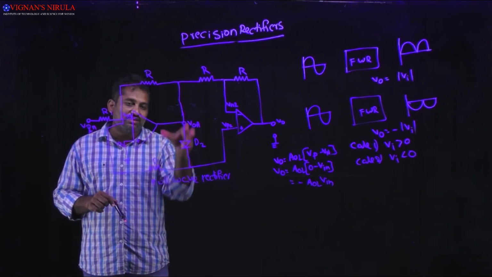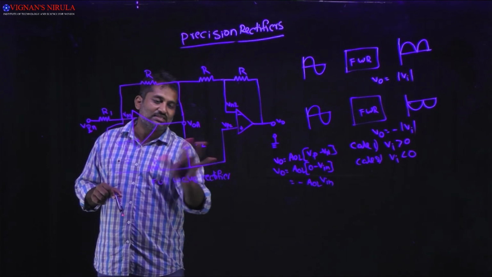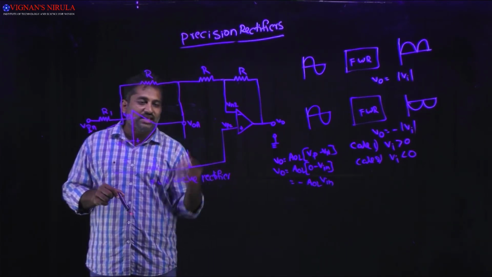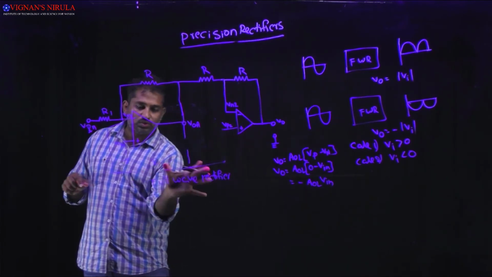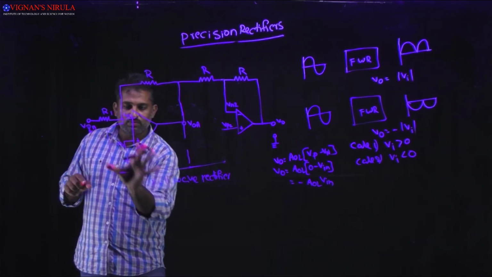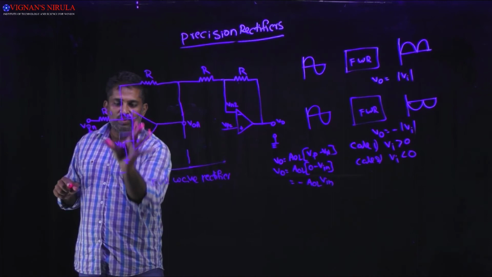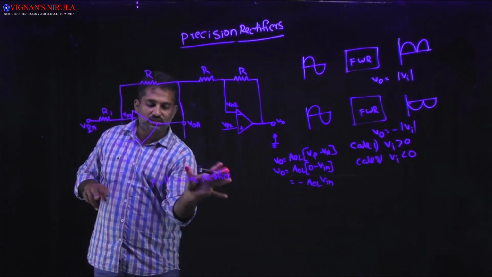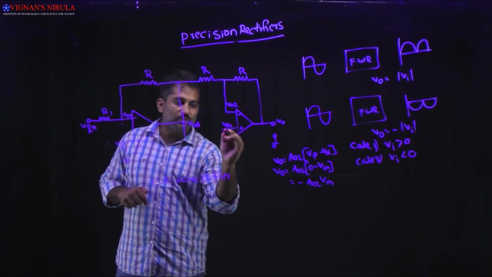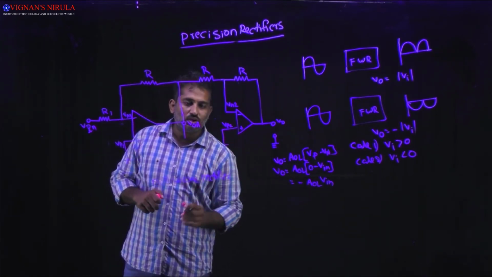Why? Because it is reverse biased and it acts as an open switch. When it acts as an open switch, there will be no connection between these points and no use of this connection when this diode is open. So what happened in this case? Now this Vp2 is also connected to ground.